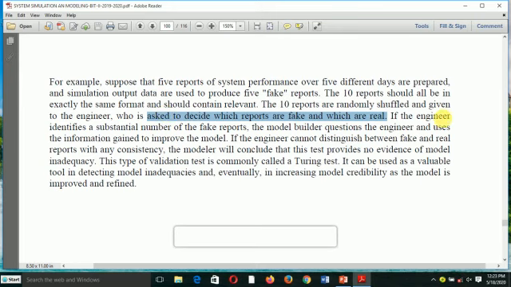If the engineer identifies a substantial number of fake reports, if he is able to identify the fake reports, the model builder questions the engineer. He will ask you as a modeler.